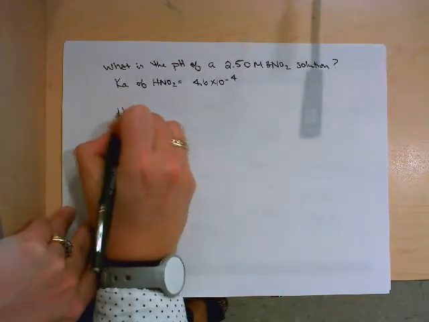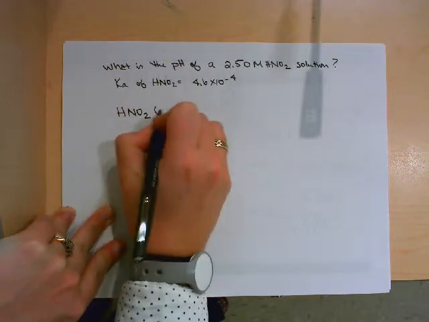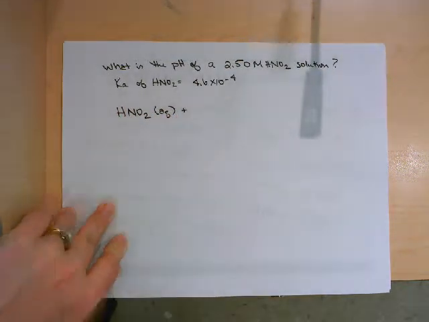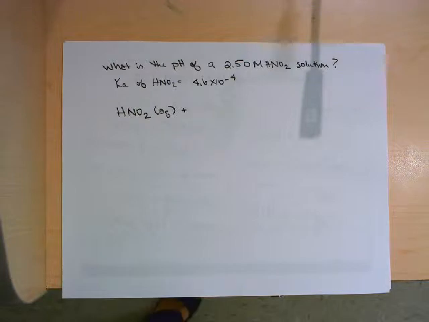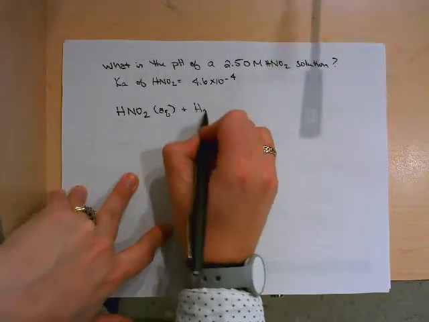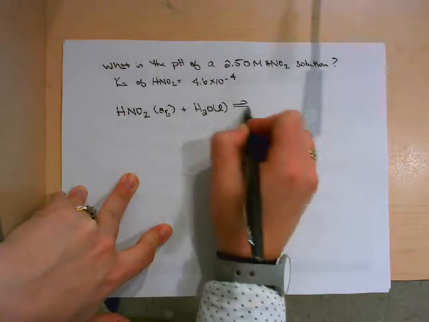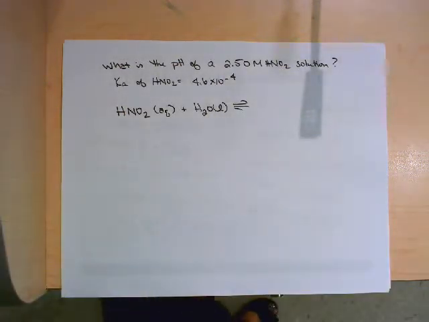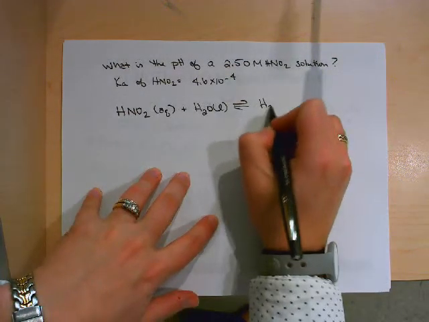Alright, so if I have this acid, what must be the other reactant, if I didn't tell you anything about it? It's going to be water. If it's a weak acid, what must be one of the products? Yeah, hydronium.